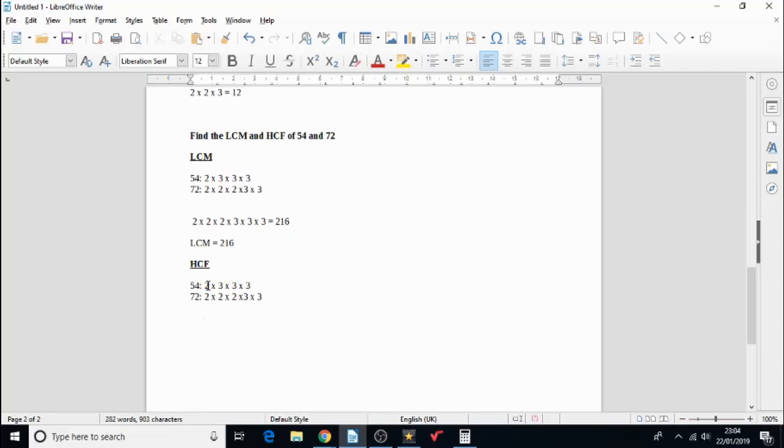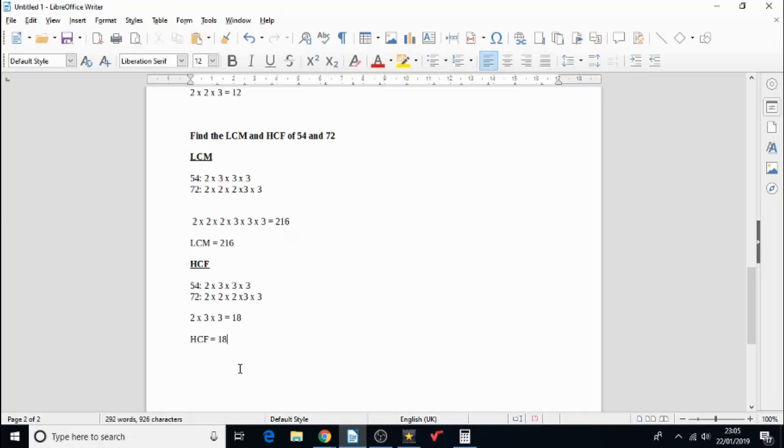So 2 is only in 54 once, whereas it's in 72 3 times. 3 is in 54 3 times, whereas it's only in 72 2 times. So therefore, we do 2 multiplied by 3 multiplied by 3 to get 18. Therefore, our highest common factor is equal to 18.